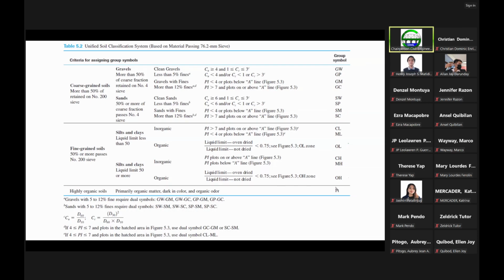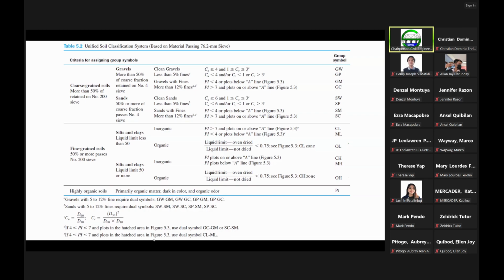Okay. So here there's just a footnote. In the case of the CL and ML, there's a footnote E. If the PI is greater than or equal to 4 but less than or equal to 7, there are no values in between. I hope you're seeing my cursor here at the bottom.